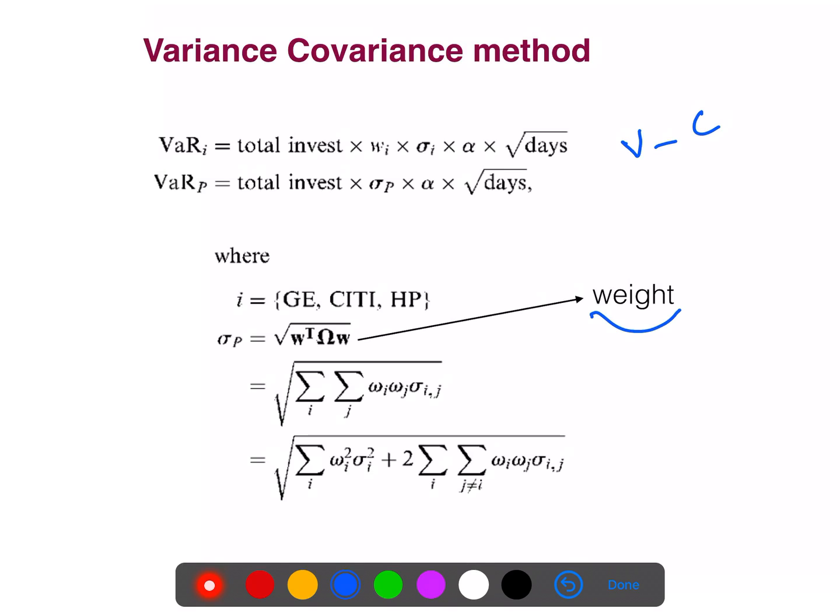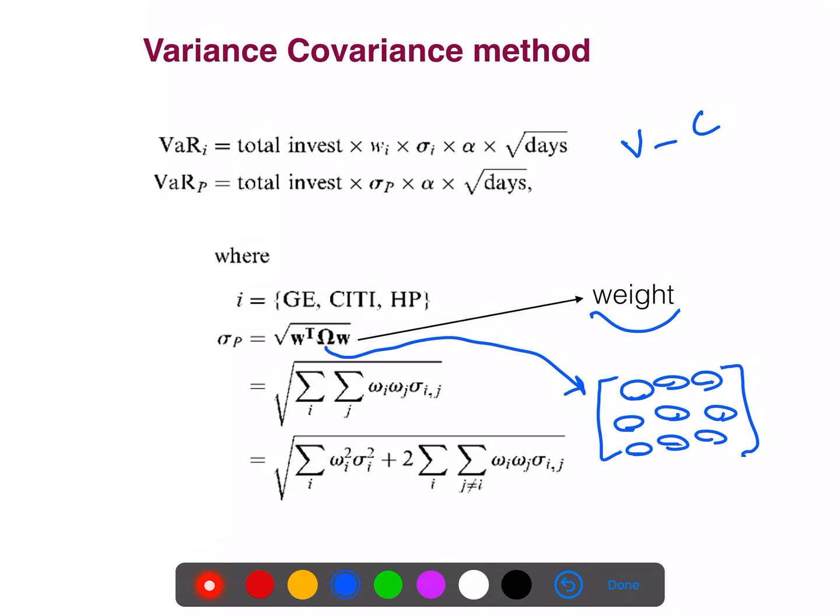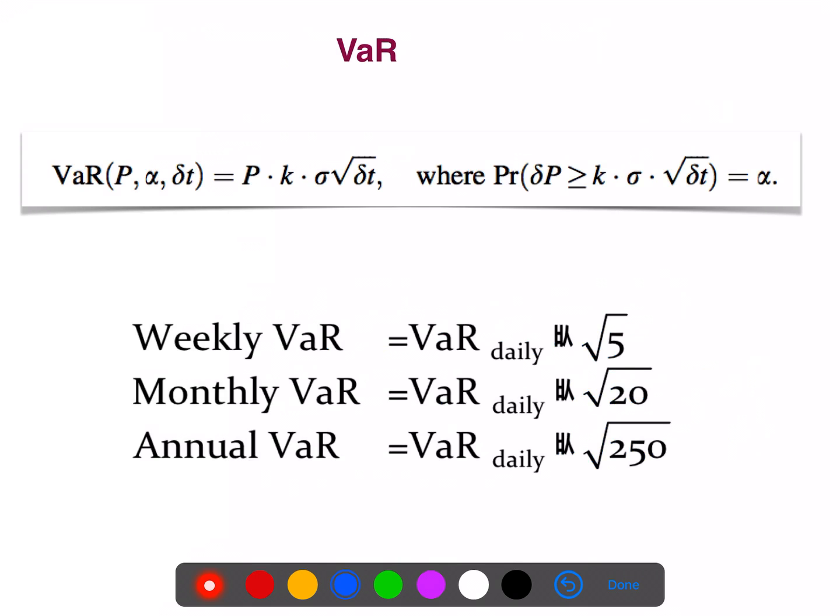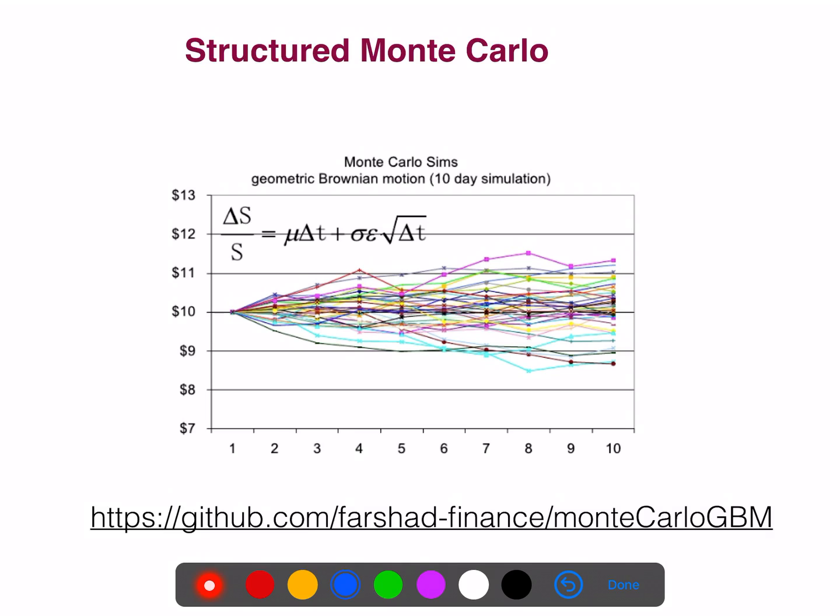So we use the weights, and this is the variance covariance. For example, you have some risk factors. You write these risk factors here, and the variance and covariance matrix. So it's very general and easy. And for monthly VaR and annual VaR, a simple solution is just to multiply by some appropriate numbers.